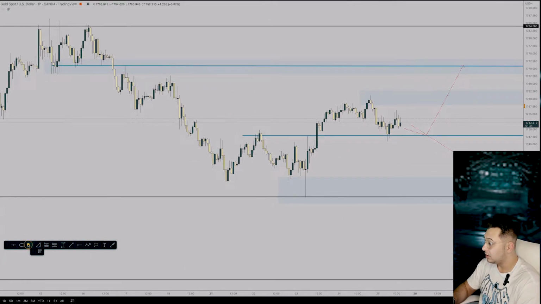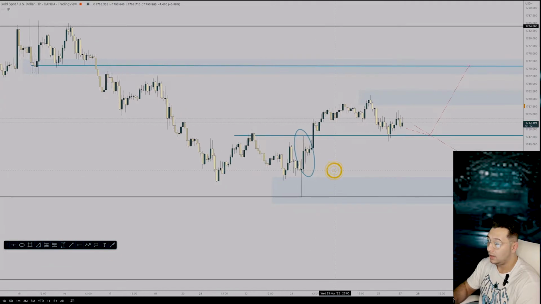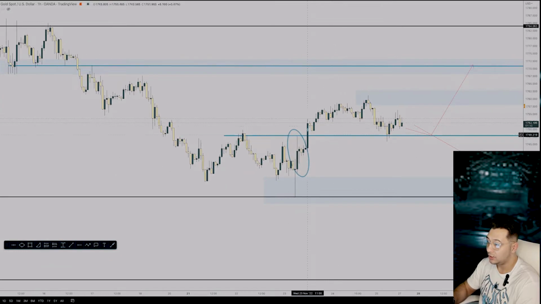I'm going to use this ellipse tool on the price action that we're talking about. We're looking right here at these candles, and also at these candles over here. Basically the same exact thing, this whole area.